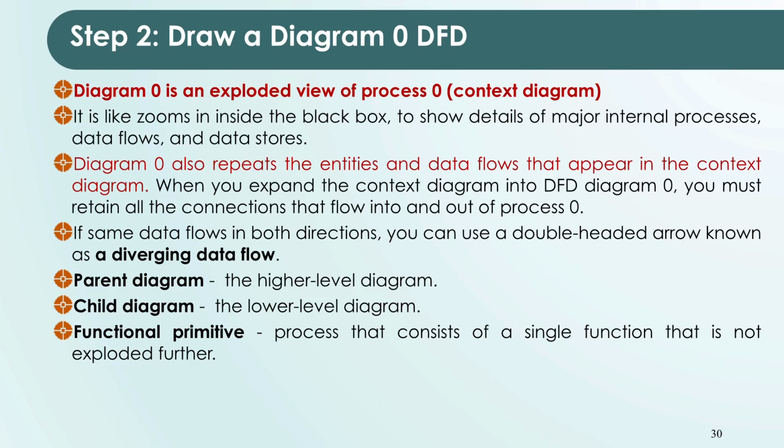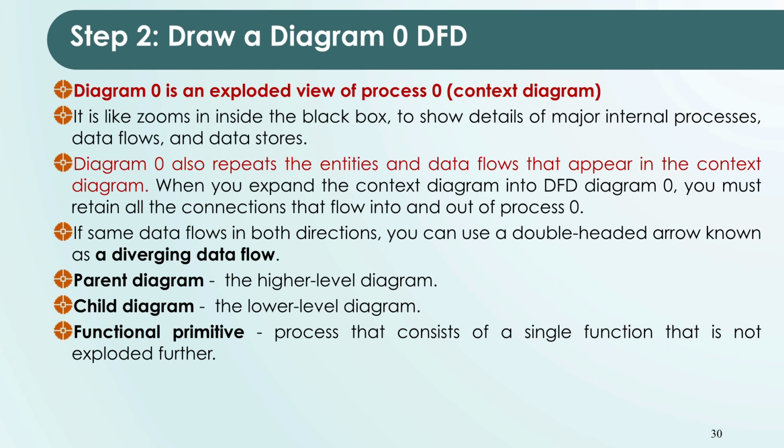Now let's move to the second step, that is to draw the diagram 0 DFD. The diagram 0 of DFD is an exploded view of process 0, meaning that you have to expand the context diagram process. Before this, you only wrote the system name on the process that is numbered 0.